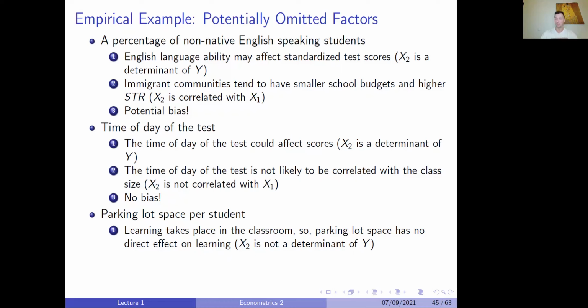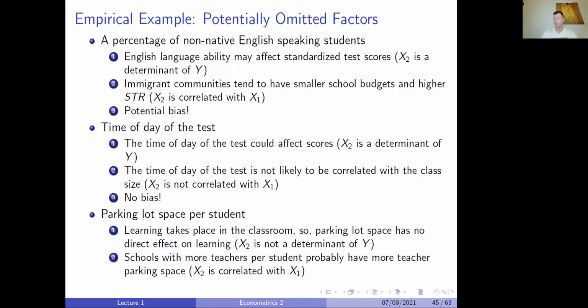Beta 2 is 0, but there is a correlation between parking lot space and student-teacher ratio, because if the school is rich, then probably you have more parking places and more teachers and a lower student-teacher ratio. So no bias in this case. So we have only one potential problem here, the percentage of non-native English-speaking students.